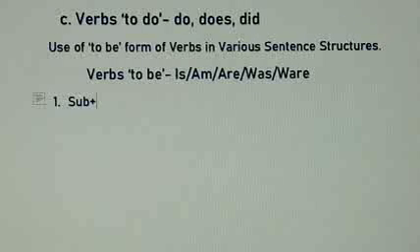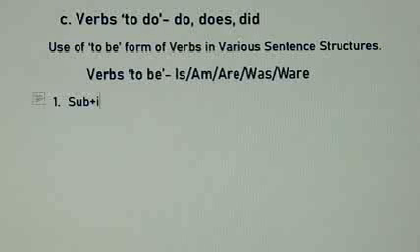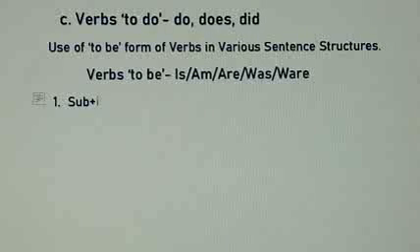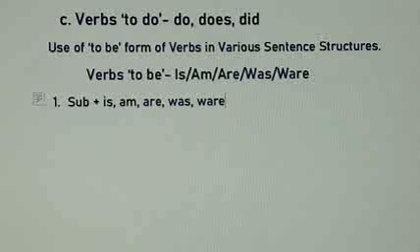Then after, we need to use the given auxiliary verb, which is in the group of verb to be, like is, am, are, was, were.